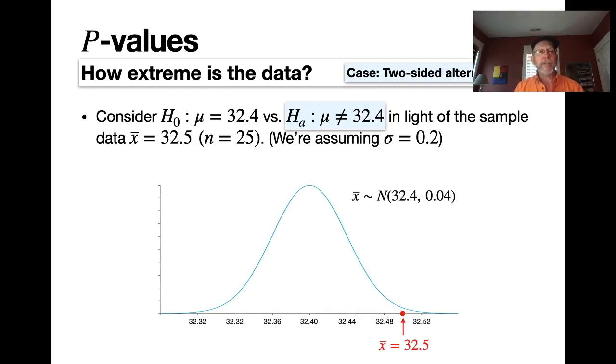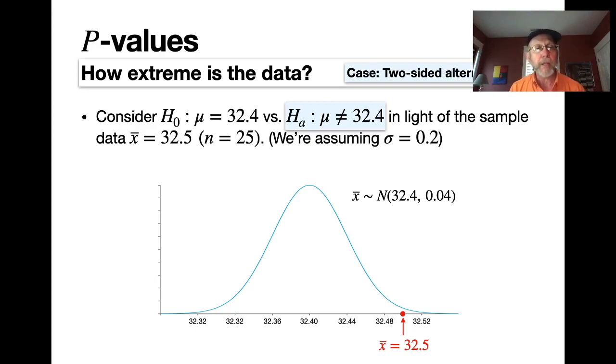So, as we've seen before, the first idea is to assume the null hypothesis is true and see where the observed data, our observed x bar value, falls in the sampling distribution of x bar. So here you see the sampling distribution. It's normal with a mean of 32.4 and a standard deviation of 0.04. And remember, that comes from the fact that this is the sampling distribution of x bar.